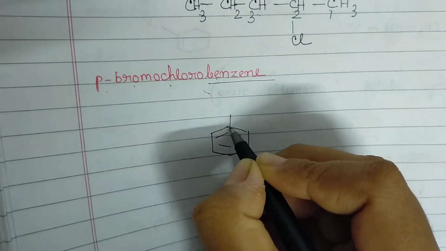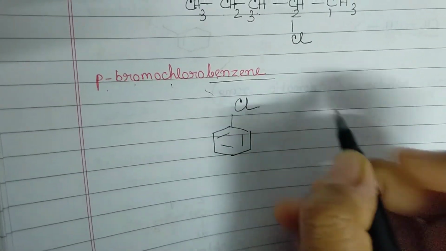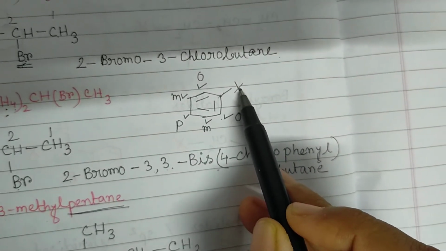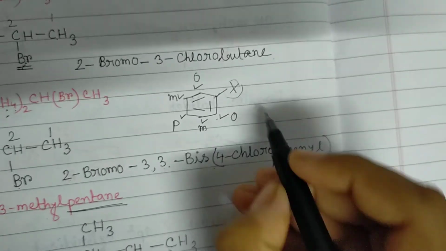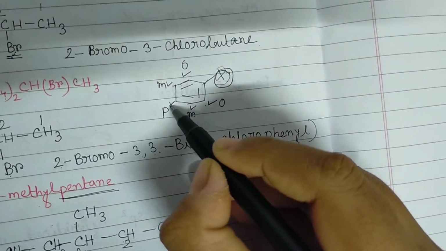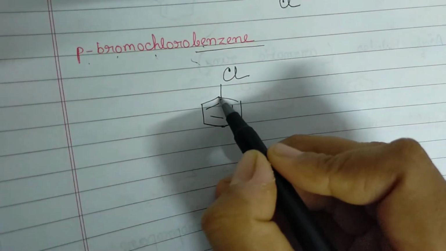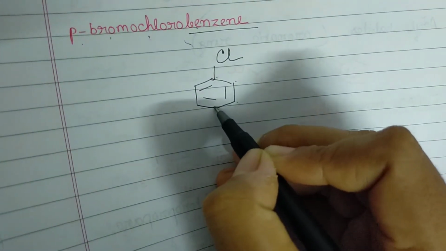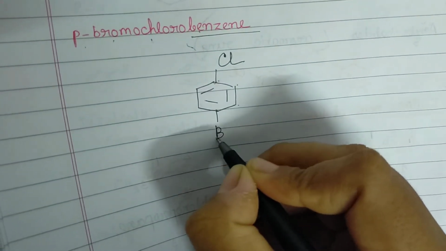So write down the chlorine in position 1, and as we have seen that according to this nomenclature, ortho, meta and para, the group which is just in the 4th position is para. So here also we have to put the bromine in the para position, that means 1, 2, 3 and 4th position.